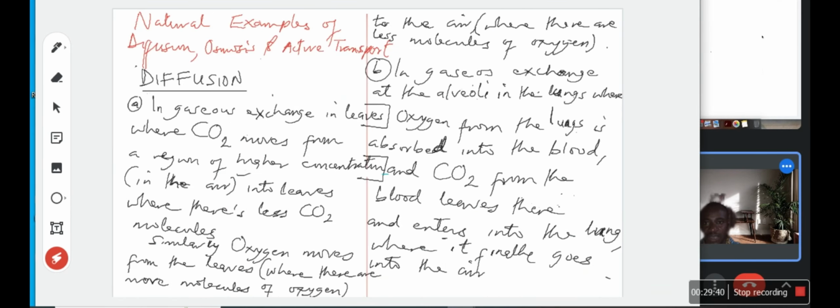And you can go to page 8 where we talked about natural occurrence of diffusion.